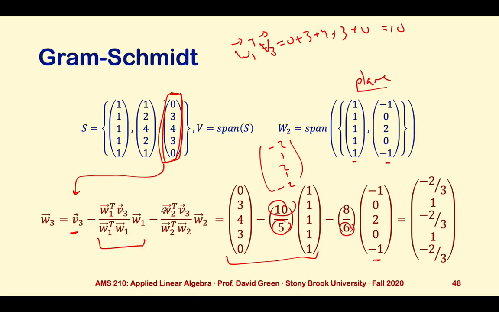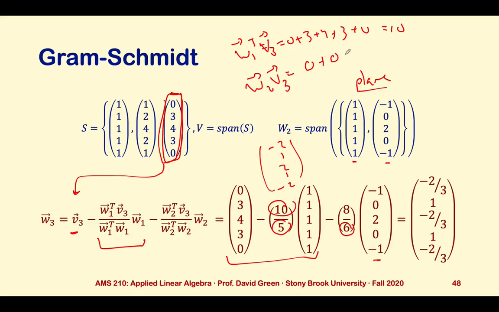And then we need the dot product of W2 with V3. We add the product of corresponding entries. 0 times negative 1 is 0. Plus 3 times 0 is 0.